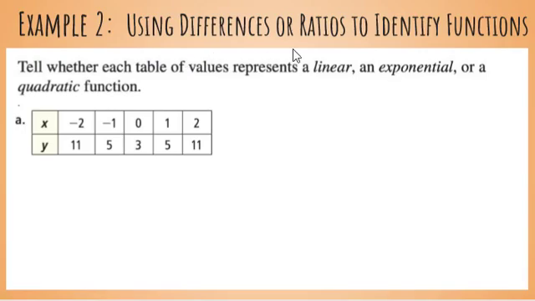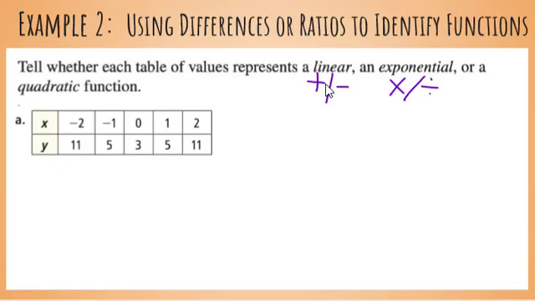Example 2 is using differences or ratios to identify functions. So we want to tell whether the table represents a linear, exponential, or quadratic function. Remember, in a linear function, you are adding or subtracting the same amount each time. In an exponential, you're multiplying or dividing by the same amount each time.